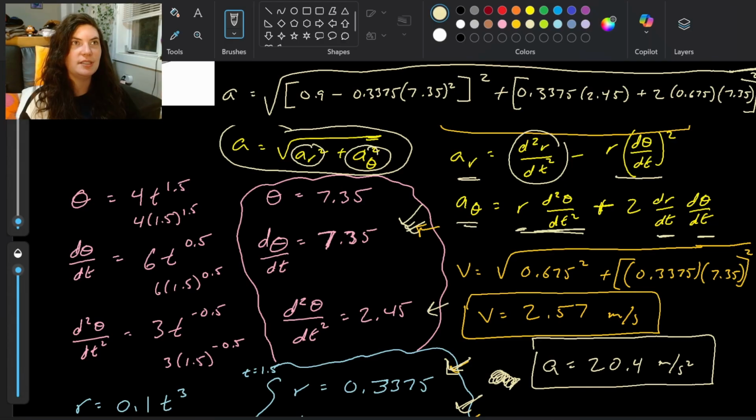But this is how we use these polar coordinates when we're given angular velocity, angular acceleration, position. If you see angular, it's a big clue. If you see the thetas, that's a huge clue that you're going to be using these polar or cylindrical coordinates. Otherwise, just try to assess the problem on what really would be the easiest way to analyze it. Does it give you a velocity in the tangential direction?